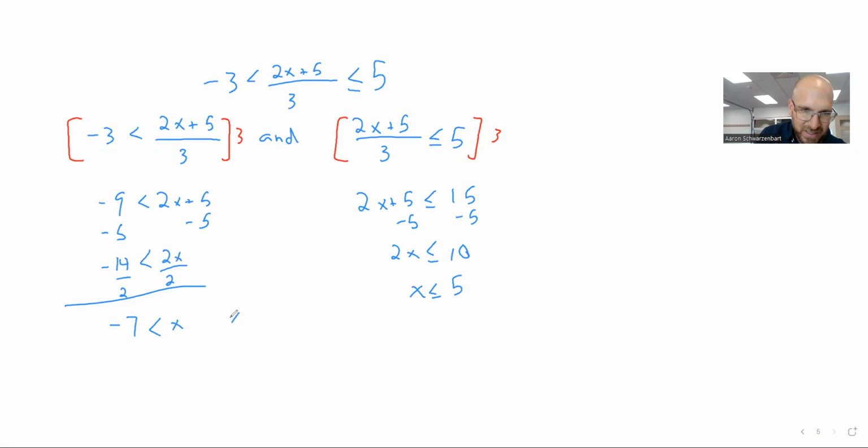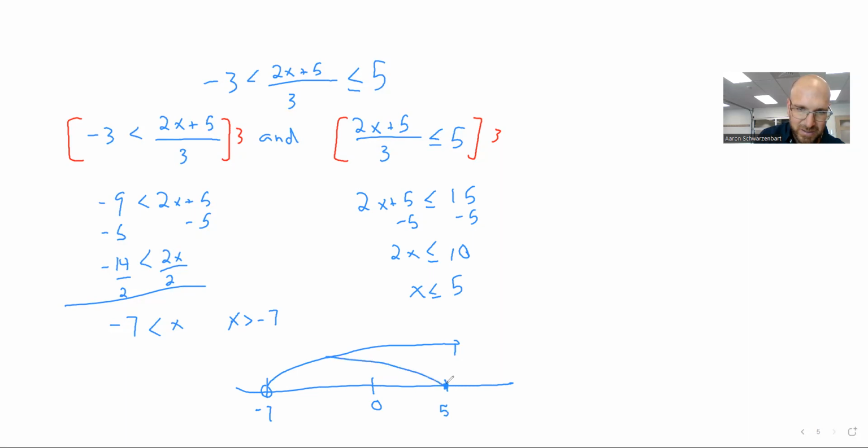So if I'm graphing these, I'm going to do this. I turned mine around, put the x on the left. So I've got an open circle, and this goes this way. My 5 is a closed circle going this way. My solution is the area where they overlap.